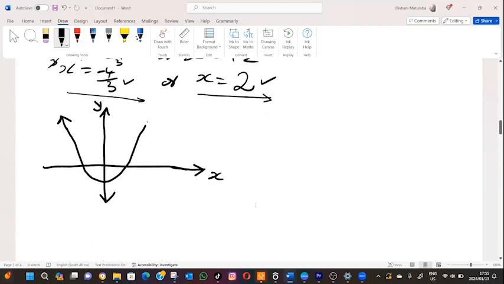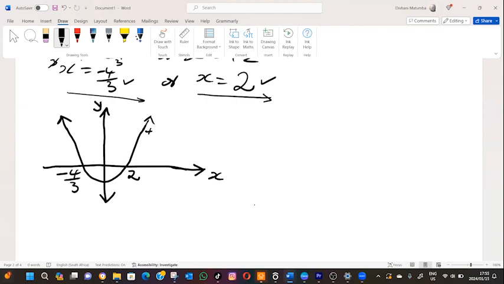So it's a happy parabola. Now, this will be minus 4 over 3, and this will be 2. These are the two solutions.